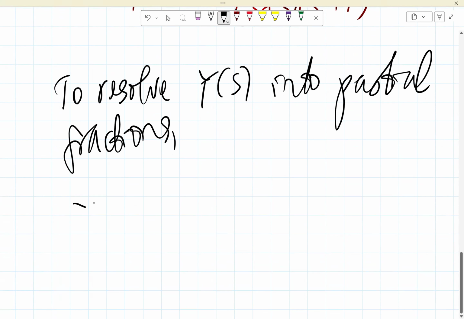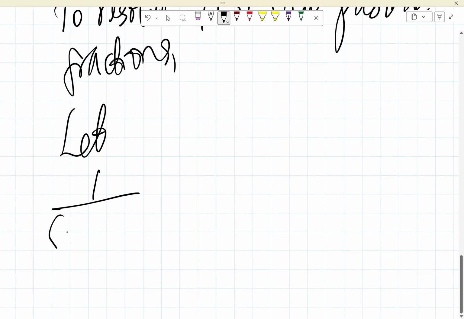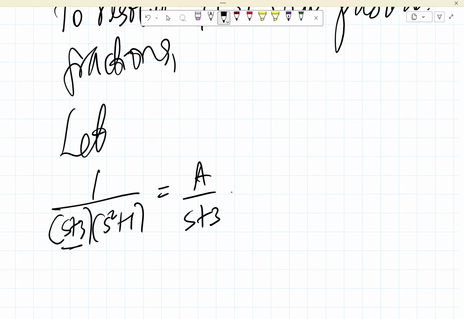So we can let 1 over (s plus 3)(s squared plus 1) be, this is linear, so we just have A over s plus 3. This is non-linear of order 2, so we have to start with Bs plus C. So something of order 1 will be on top of it, all over s squared plus 1.